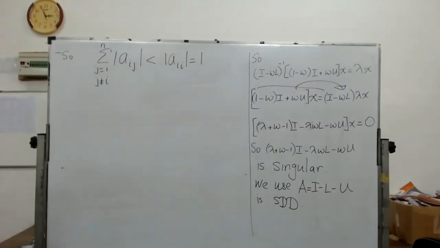So in that case, you know that the diagonal terms are 1, right?